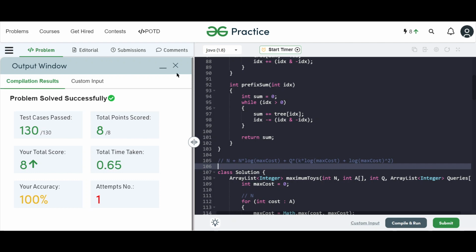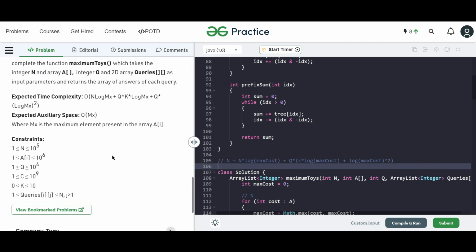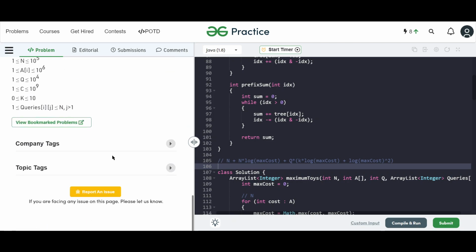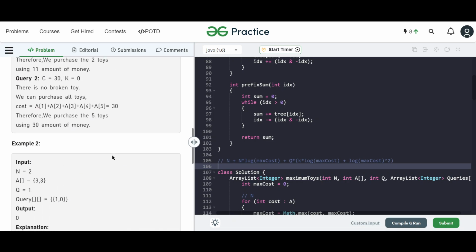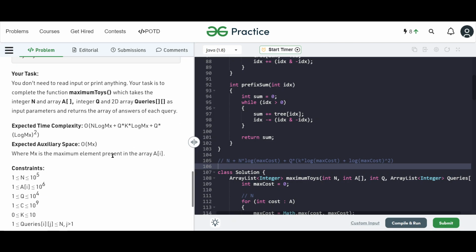If we see in the question, it mentions the expected time complexity somewhere. Here, mx is the max cost. So n log max cost, which is this. If you're already at n log max cost, then the additional n you can remove, because n plus n log n is n log n.